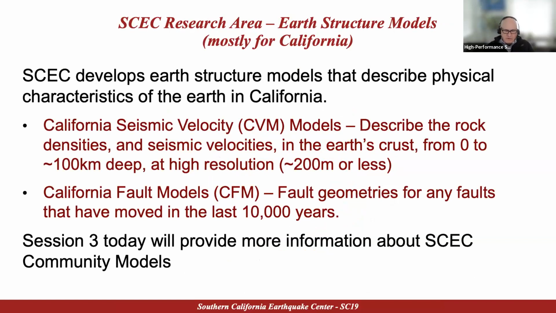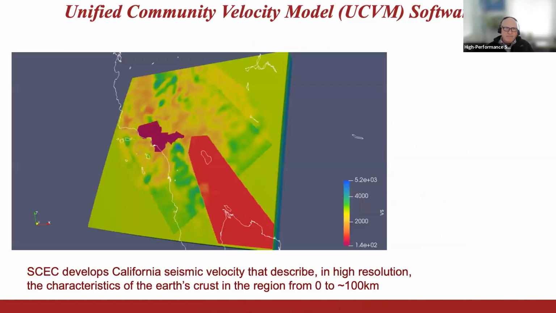Specifically, I'm going to mention a number of activities that support this. One is that SCEC develops earth structure models, and we've been focused particularly on models for Southern California. Two significant ones are California's seismic velocity models and fault models. There are others, but session 3 today will give an overview, and we'll talk more about the models that exist and how you can access the information that they have.